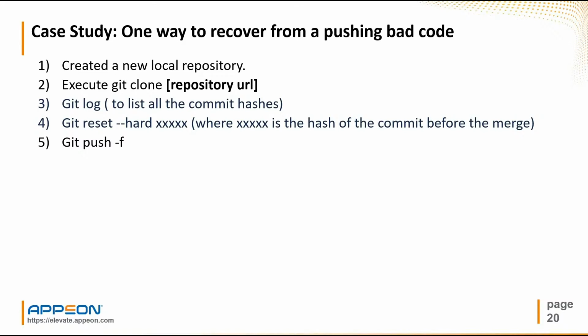So what this developer did is he created a new local repository. That gave him a new repository URL, so he executed a git clone, pulling down from the repository. Then he did a git log, which lists all the commits that have been done to the repository. Then he did a git reset --hard with whatever hash he needed.